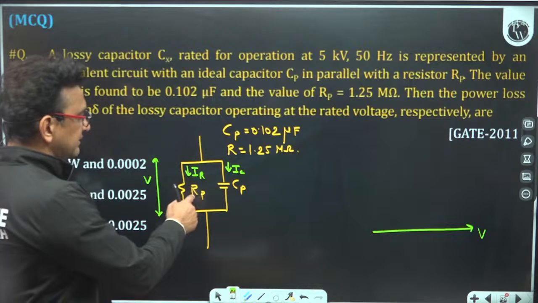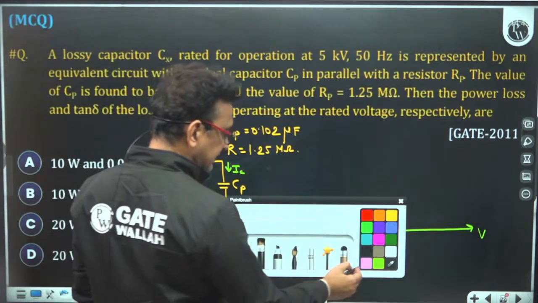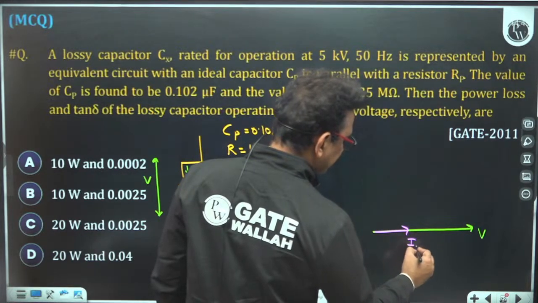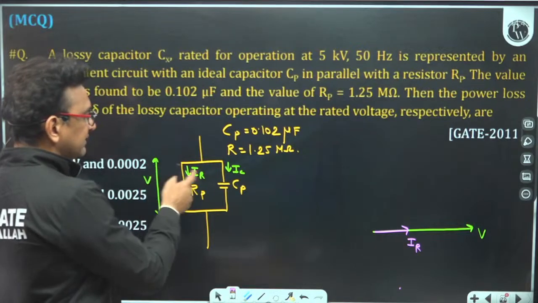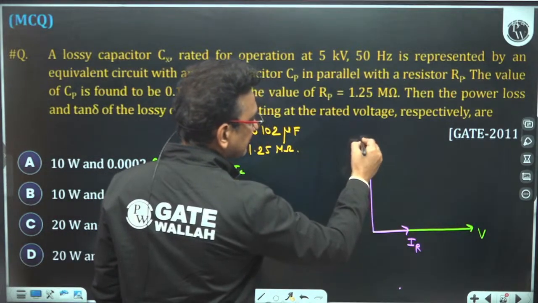Now IR current will be in phase with the voltage only. The resistance current will always be in phase with the voltage. This is my IR. But capacitor current would always lead the voltage by 90 degree. This is my capacitor current IC.